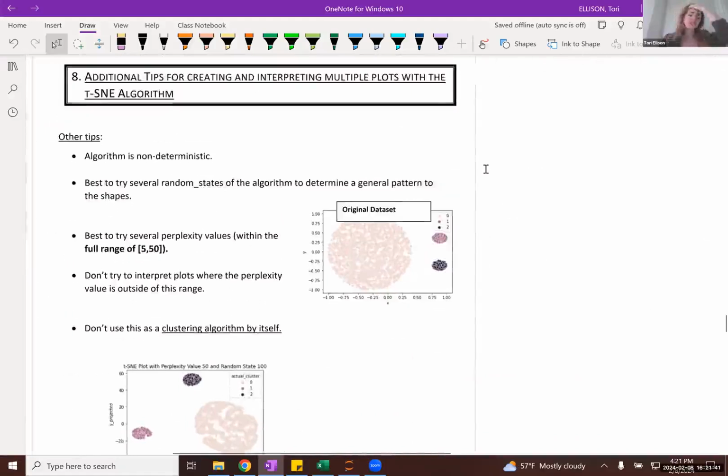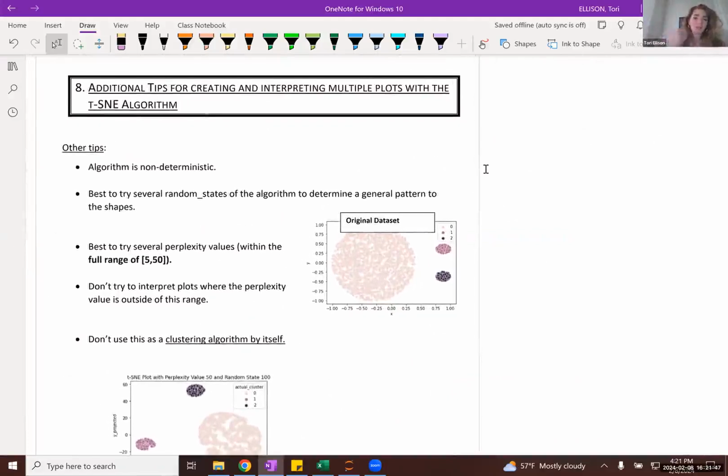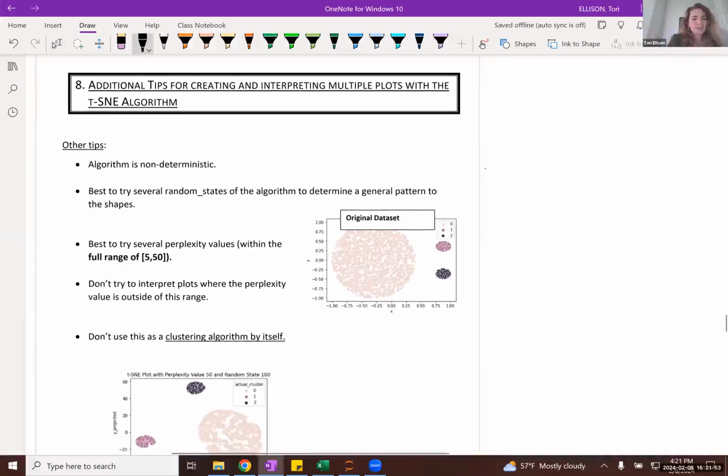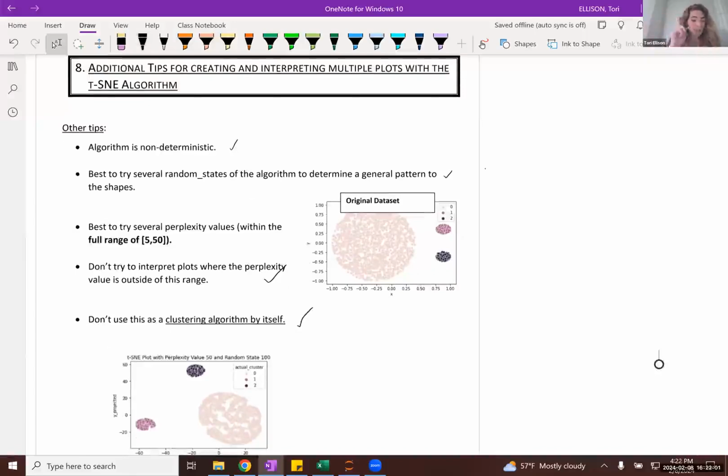So basically, these are just outlining some tips for how you would go about using the TSNE plots to infer what the clustering structure of your original data set might look like. So again, let's review some of these here. But the key thing that you want to remember that I haven't mentioned yet is that the TSNE algorithm is not a clustering algorithm in and of itself.